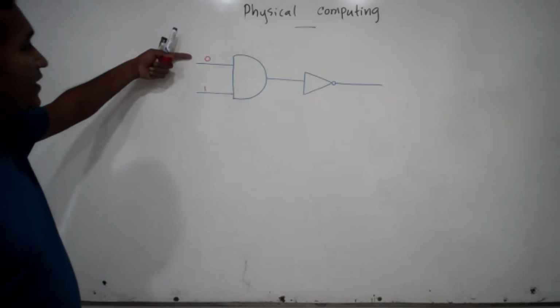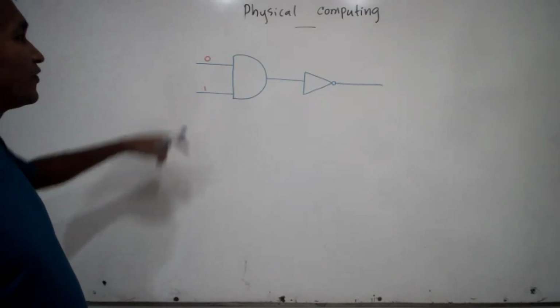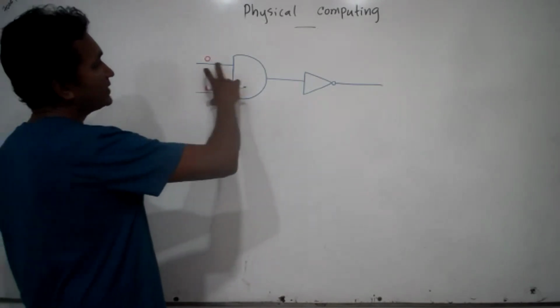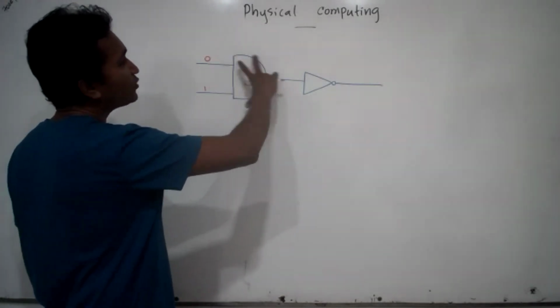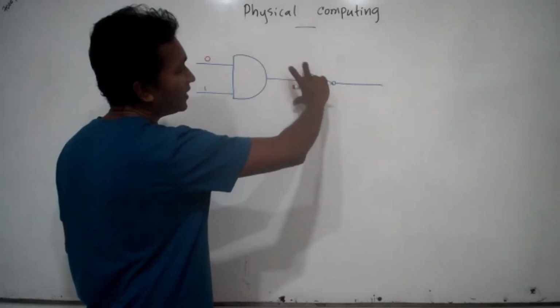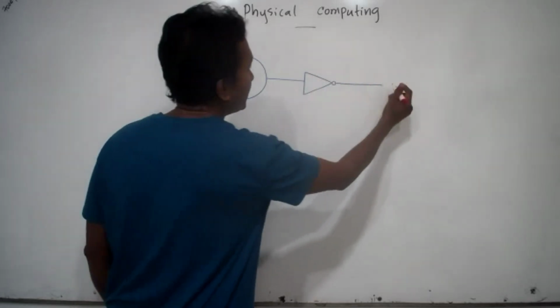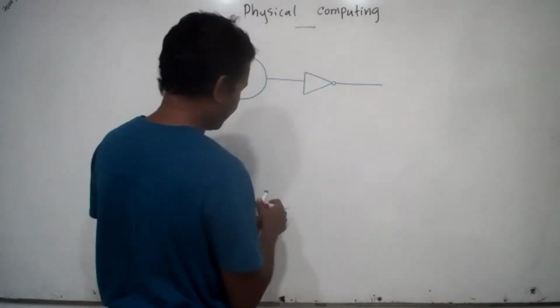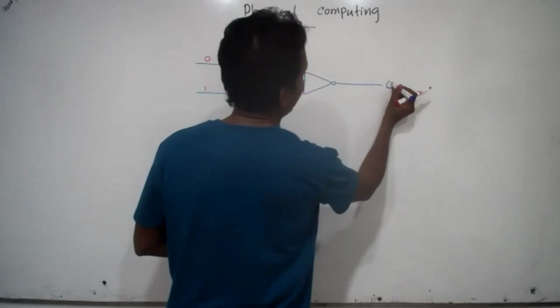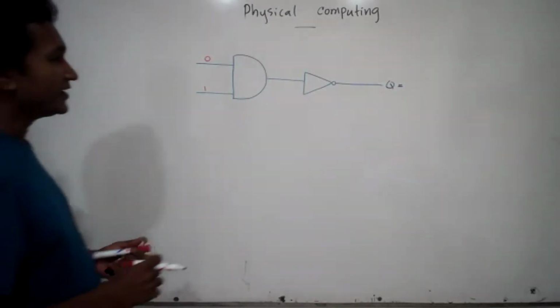So one signal is 0, one signal is 1. That is the meaning of this. These two inputs go through this AND gate, and that output will be input to another NOT gate. What will be the final result? So we are going to find the final result of this combined logic gate.